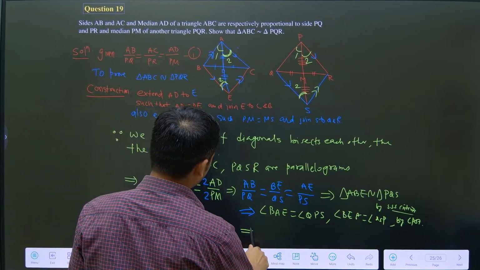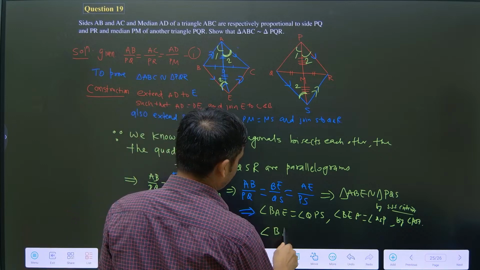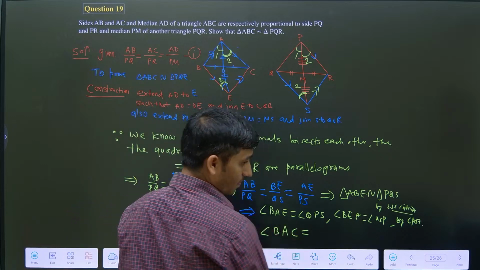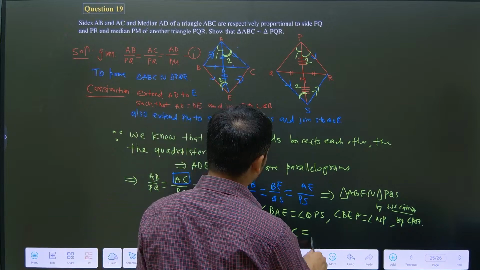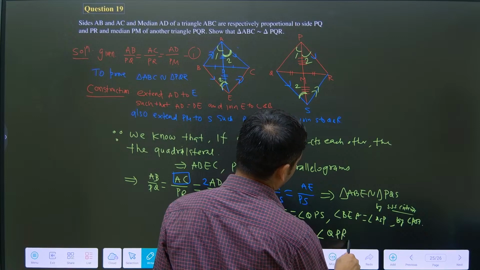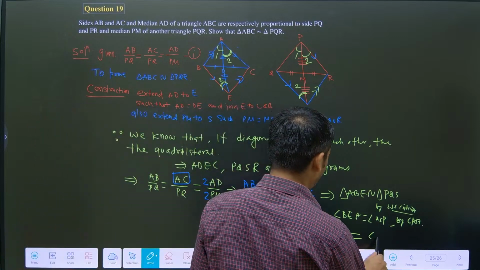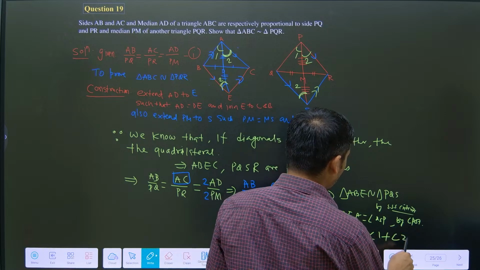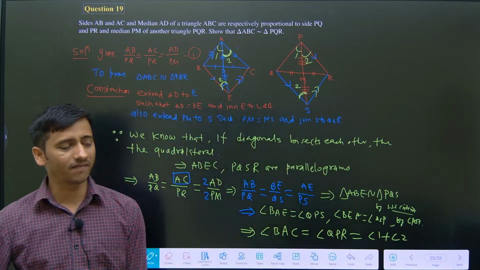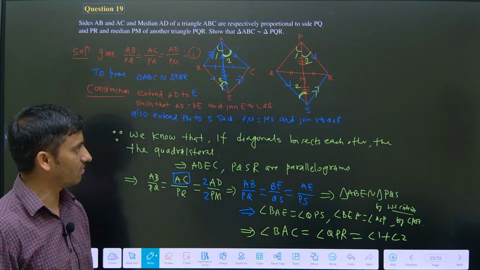That means angle BAC, you can write one more step, but I am skipping one of them. So angle BAC is equal to angle QPR. Are we getting that? Because both of them are equal to angle 1 plus angle 2. So now, do we have enough evidence to say that triangle ABC and triangle PQR are similar?